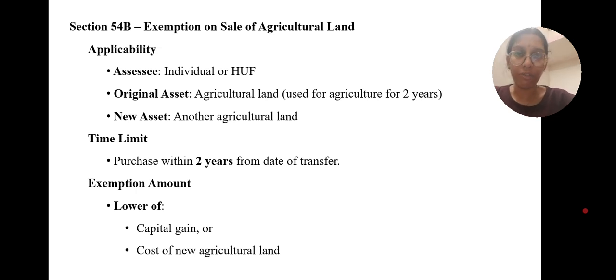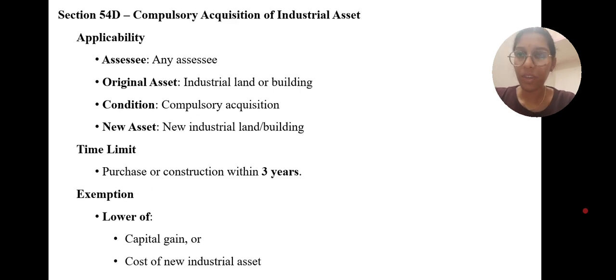If I sell my agricultural land today, within 2 years from this date I should invest that capital gain in other agricultural land. Then the tax amount will be exempted for me. If not, the tax amount will not be exempted. After 2 years, if I invest that amount in agriculture, it will not be exempted.